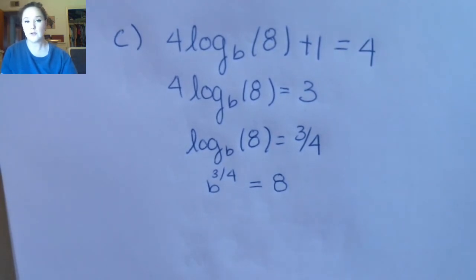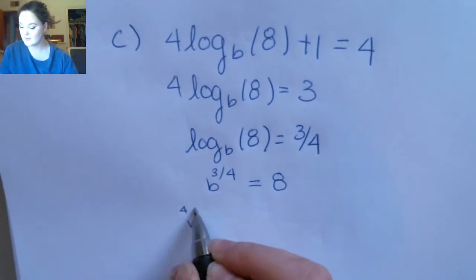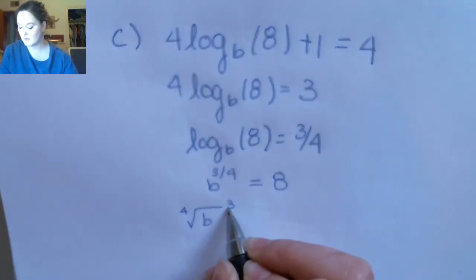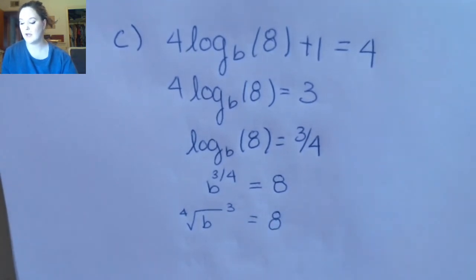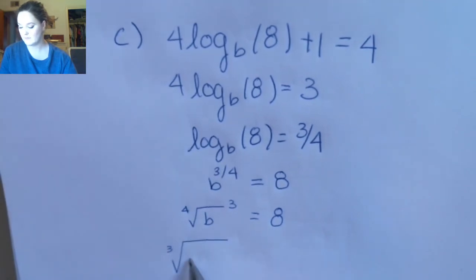Okay, and we solved these types of equations before. These are called power equations, right? So remember, this is the same as the 4th root of b cubed. We can get rid of the cube by cube rooting both sides.